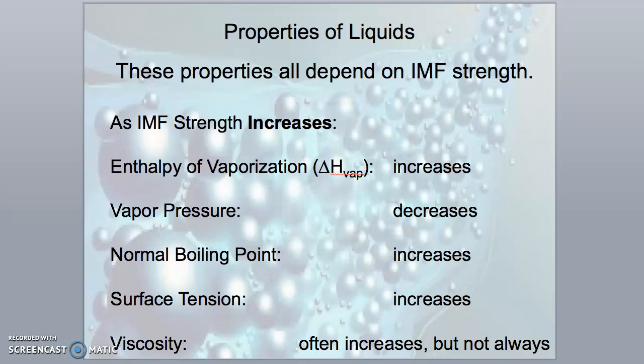So what we're really concerned with is how intermolecular force strength affects the properties of these liquids. And this is kind of a summary of these. It's tempting to try to memorize these relationships, and I strongly advise against it. Rather than memorizing, I'd rather you conceptualize what's going on with the material and how the forces affect the material.